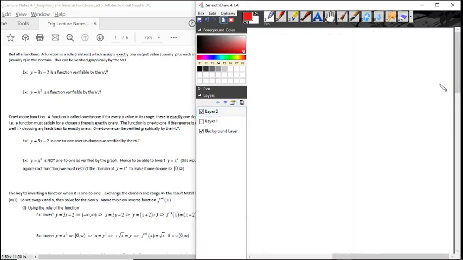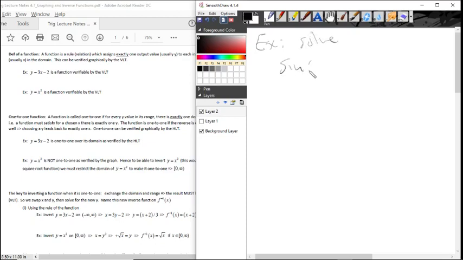Let's take a look at an example of a basic trigonometric equation. Let's say I wanted to solve the equation sine of theta is equal to 0. Now, if we had the function f of theta equals sine of theta, first off, that's a function because its graph passes the vertical line test, but is it invertible?